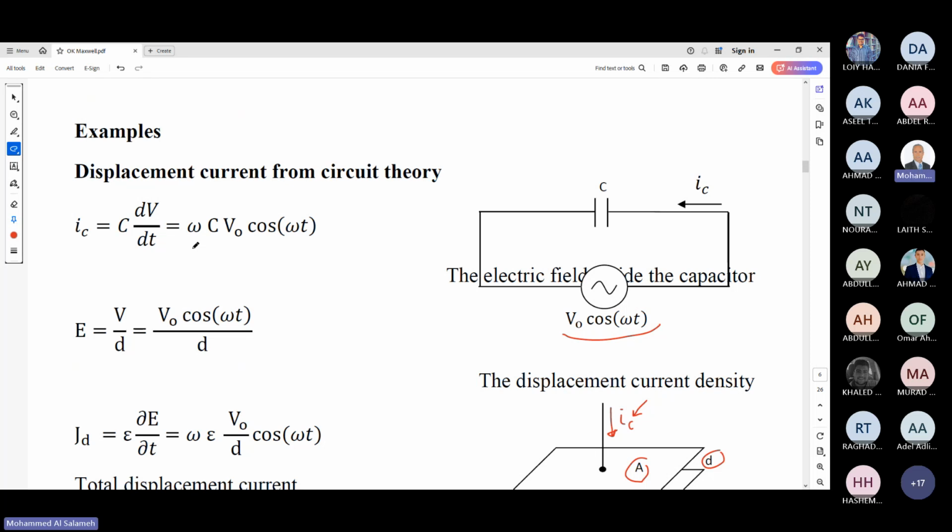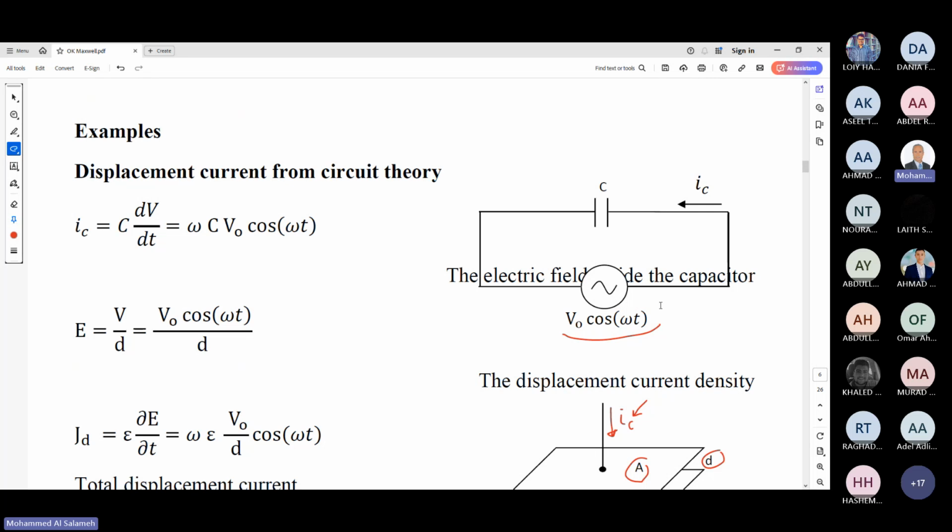Here, I think IC equals C dV by dt. I think there is something not right here. Something not okay here. This is not okay. It is not like this.